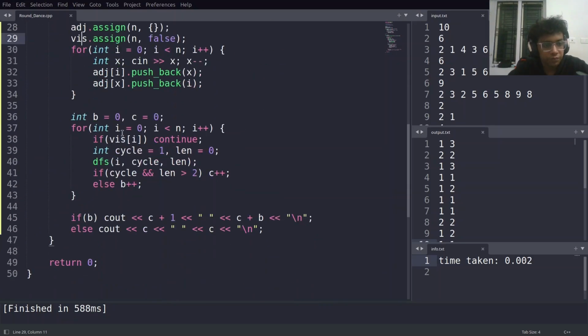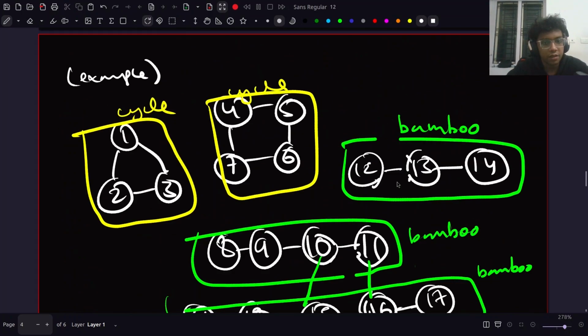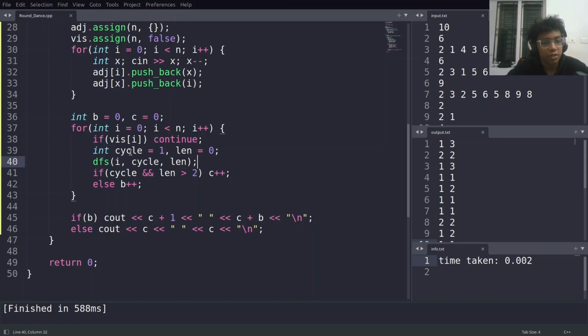Okay, now for each node, whichever is unvisited, we are going to do a DFS on it, right? We also want to know whether it's a cycle or not. And the simplest way to check for a cycle is that the adjacency of each node will be 2, right? So that's what we're going to do.